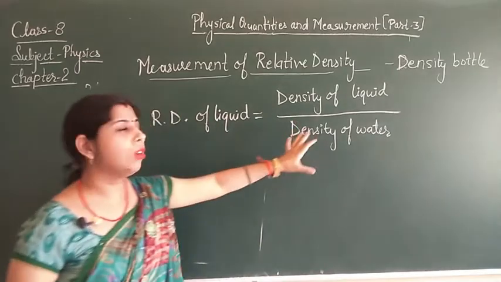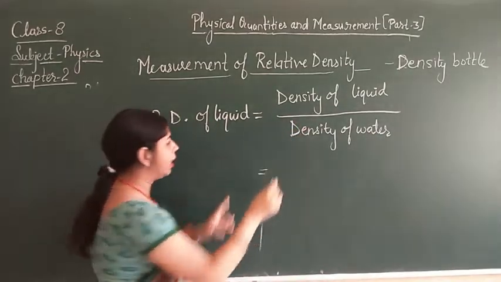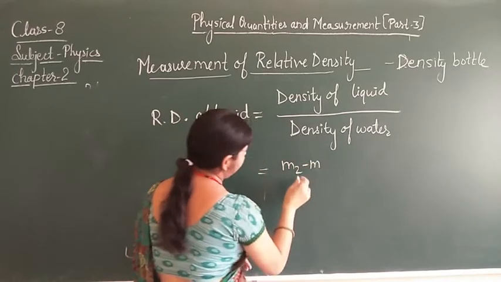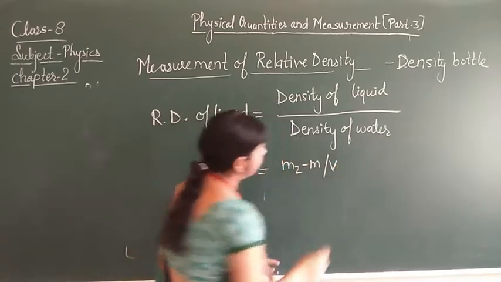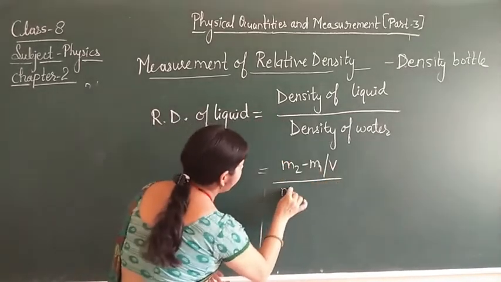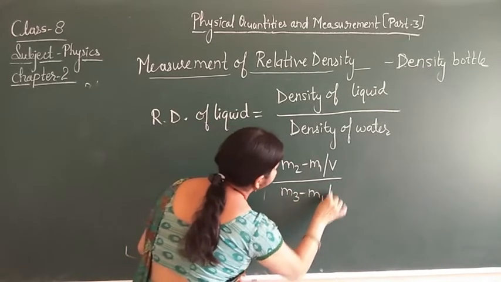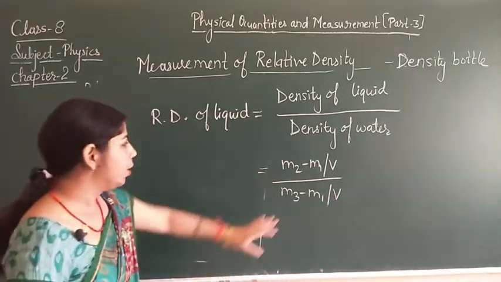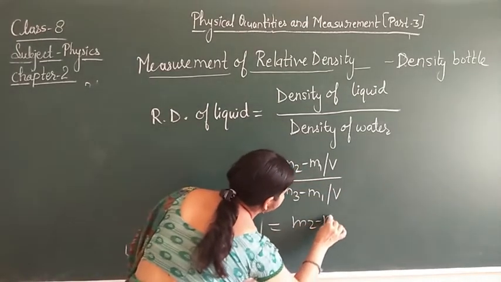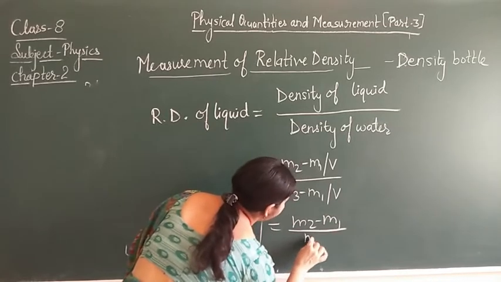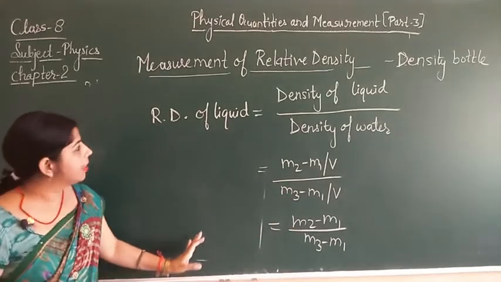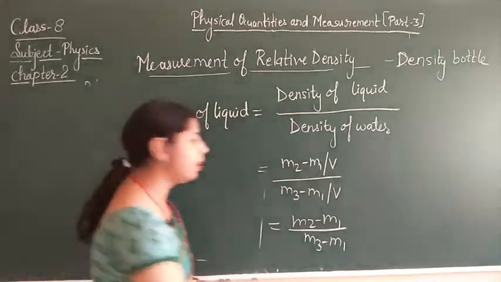The density of liquid is m2 minus m1 divided by V, and the density of water is m3 minus m1 divided by V. The volume is common, so the relative density is m2 minus m1 divided by m3 minus m1, and in this way we can measure the relative density of the liquid.